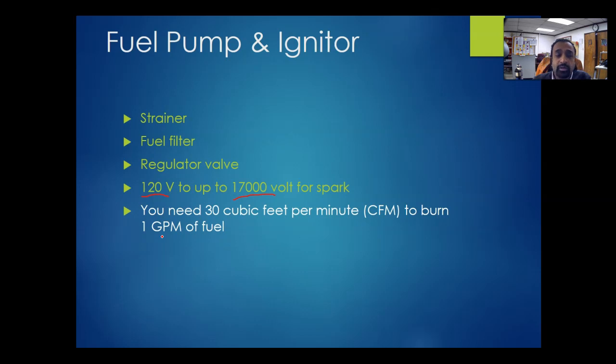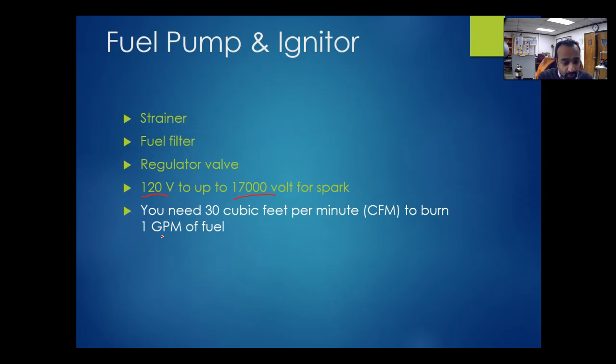That's why when you turn on the boiler, you hear the fan sucking a lot of air from the space, and that gets you to think you have to provide a lot of makeup air for the boiler to act properly. I repeat, the ratio is 30 to 1, cubic feet to gallon.